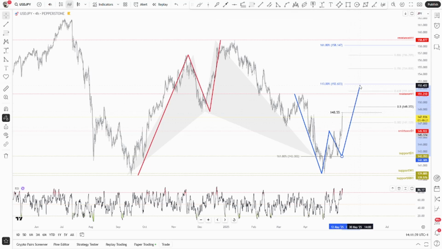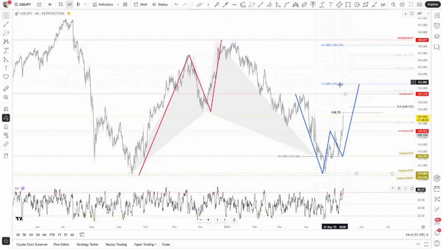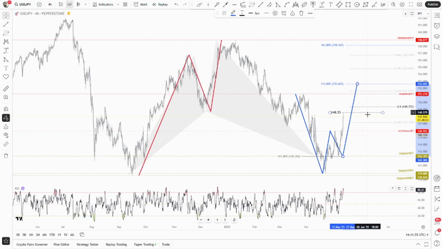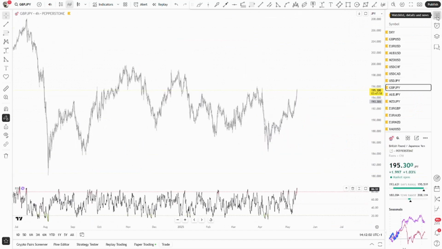But ultimately, the pattern that I'm paying attention to, or that I have more interest in, is the bearish alt-bat pattern at 152.62. That's a 113% Fibonacci extension level. So I will pay attention to a push to these levels, and if that happens, it opens the door to a nice pullback for the dollar versus the Japanese yen.